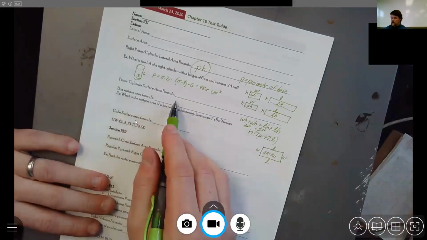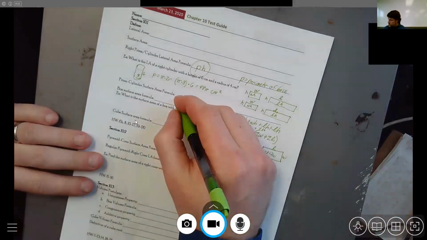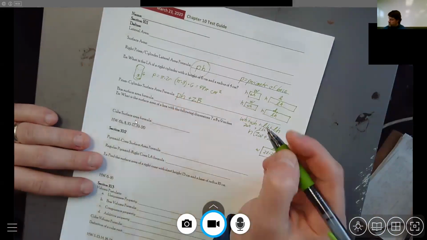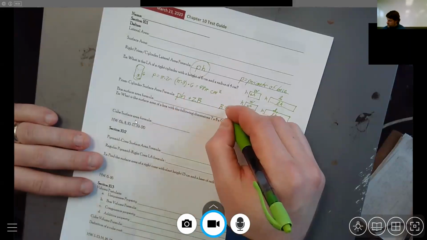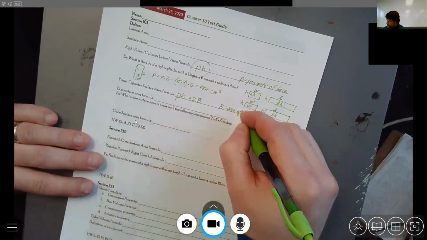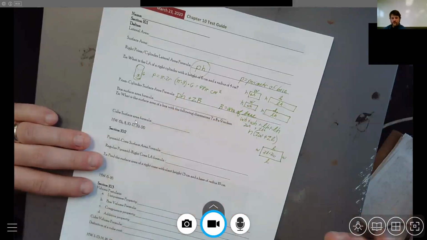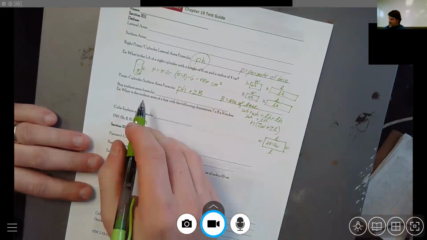Now going to surface area, we just add the bases in. So the general formula is perimeter of the base times the height plus 2 times the area of the base. And a box is a special type of right prism.